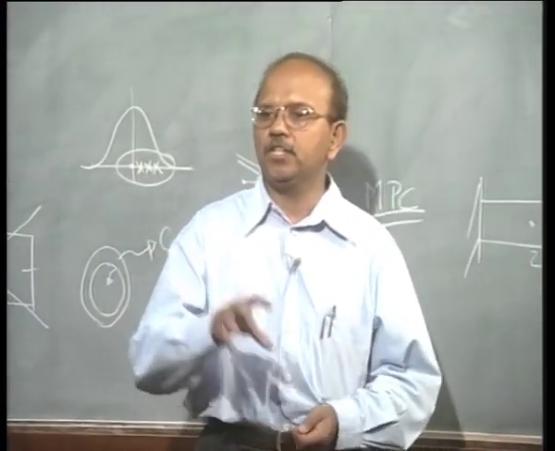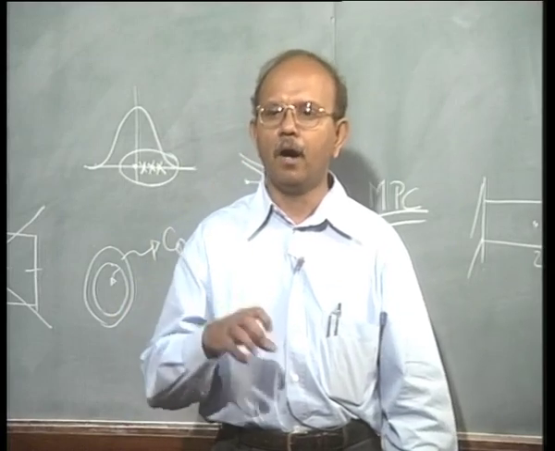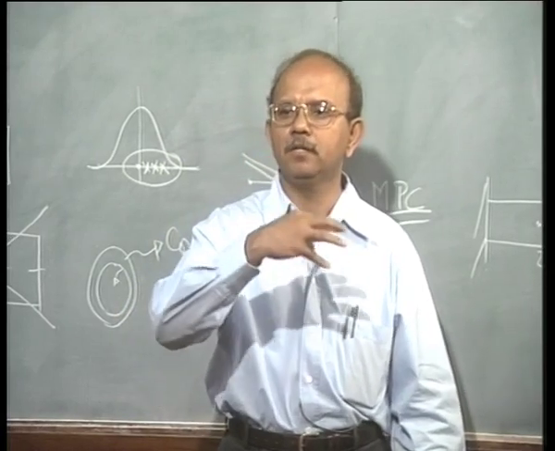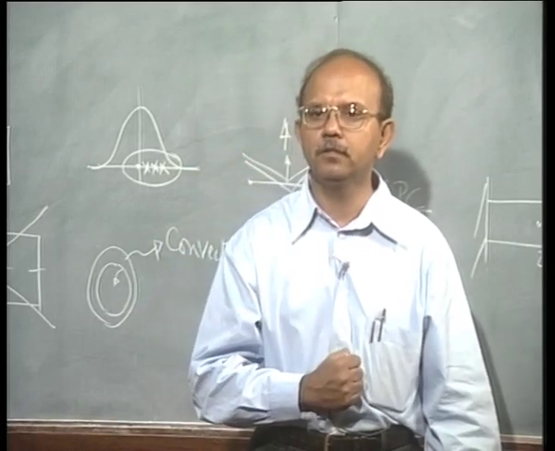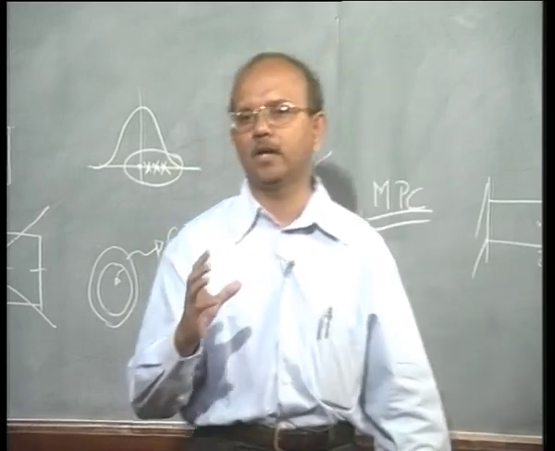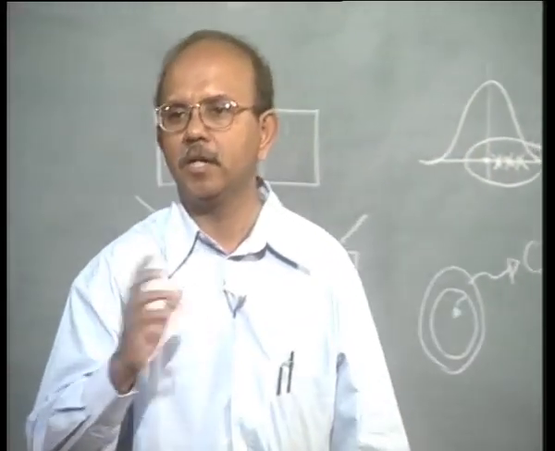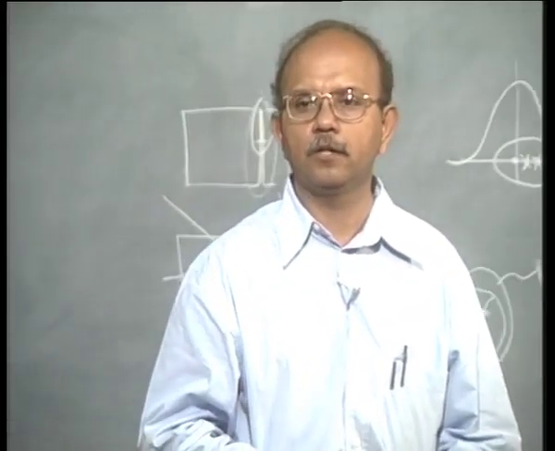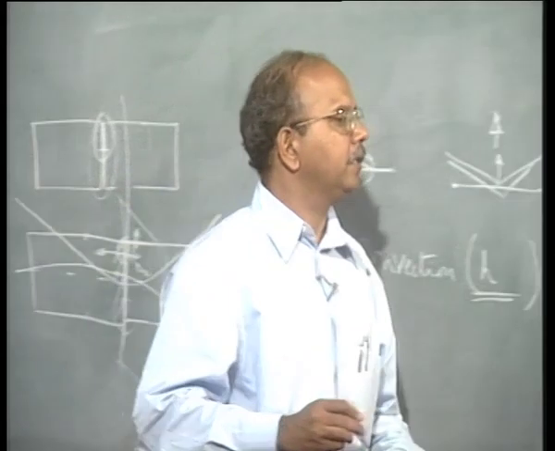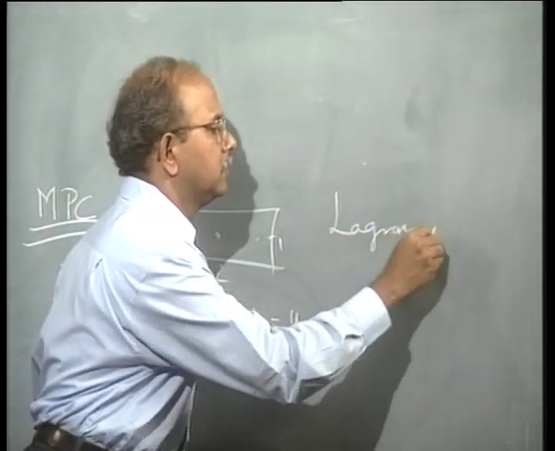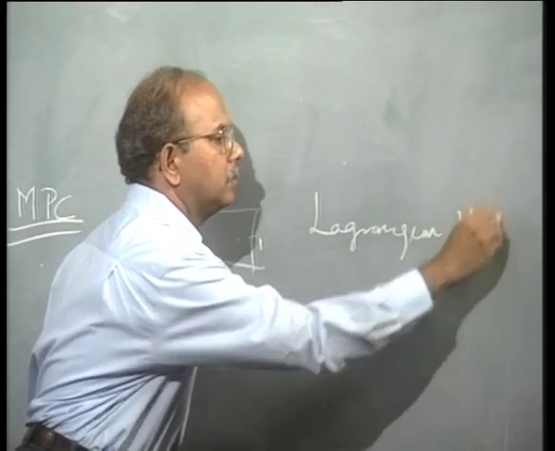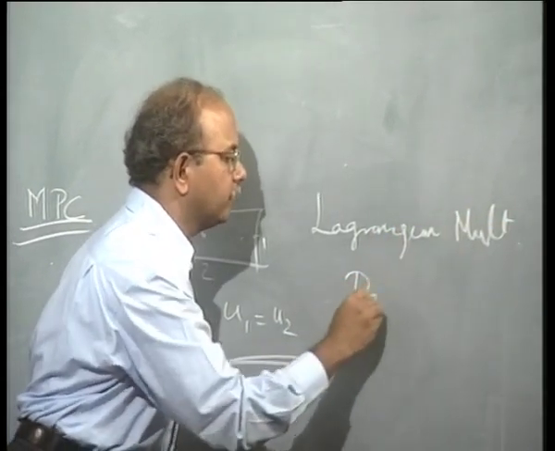These constraint equations are then taken into our main potential function through what are called Lagrangian multipliers. There are two techniques to handle this: Lagrangian multipliers or penalty functions.